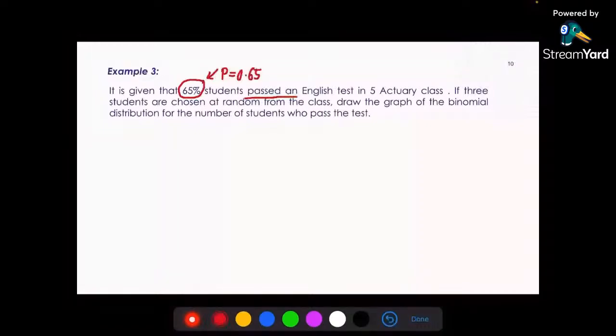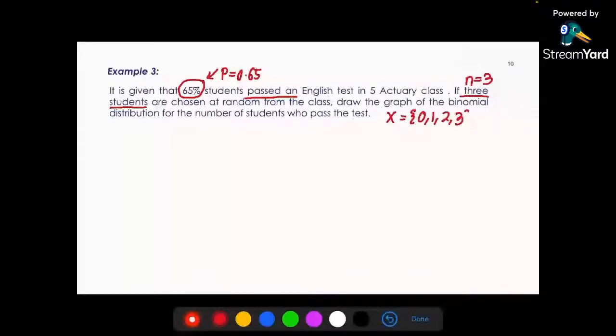Okay, pass an English test in 5 actually. If 3 students, this is trials ataupun this is N is equals to 3. Are chosen at random from the class, draw the graph of the binomial distribution. 3 kali percubaan. So dia punya discrete random variables dia akan jadi 0, 1, 2, 3 here.